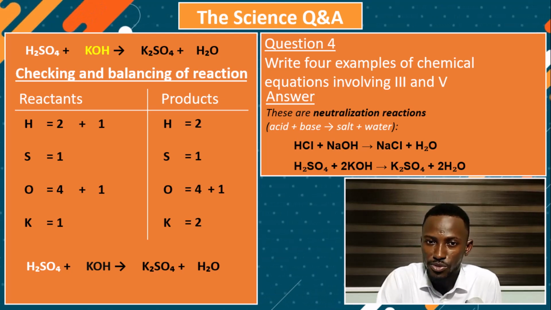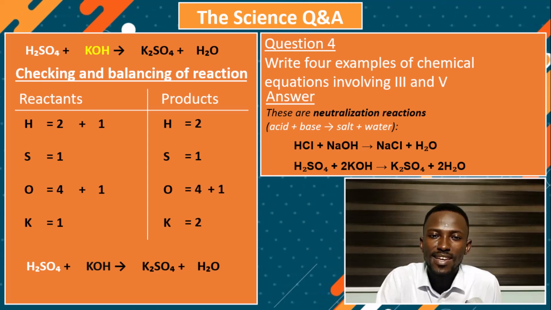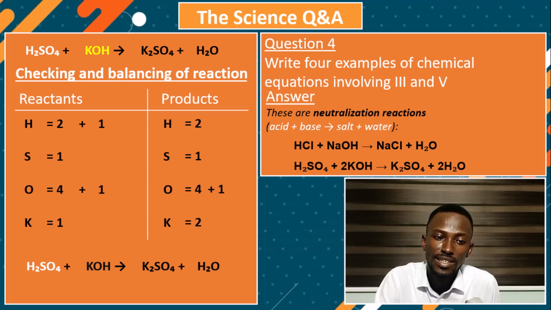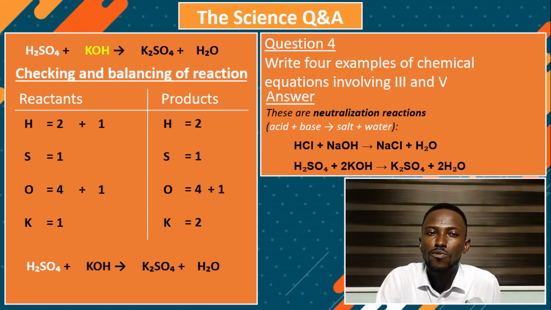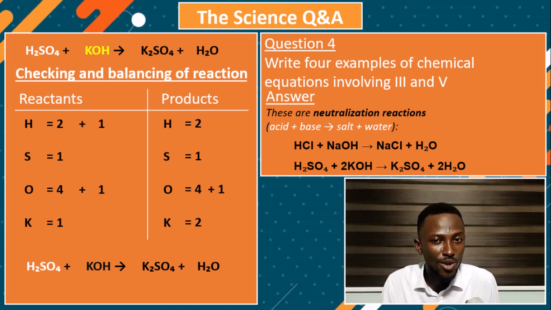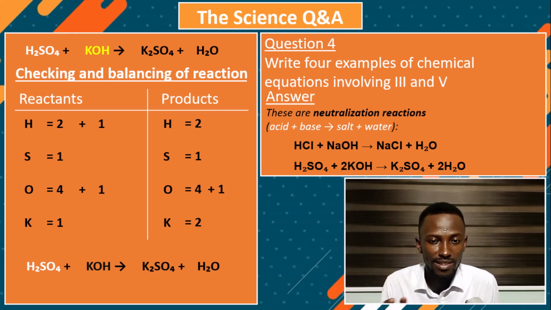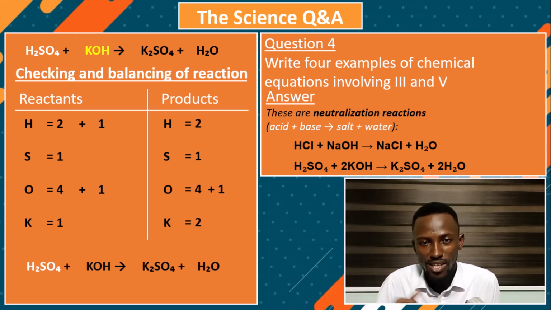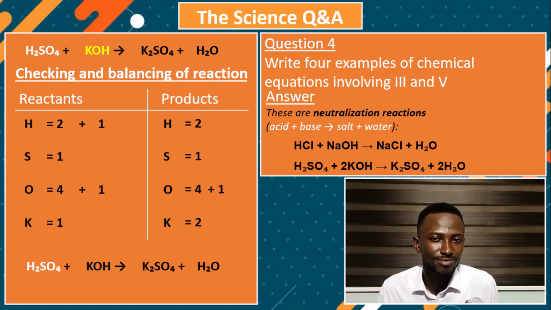Here are the rules. When it comes to balancing chemical reactions, you look at the side, either reactant or product, that is lacking, and then look for a number you can use to multiply, not add, the lacking side to make it equal to the one that has more. What does that mean?